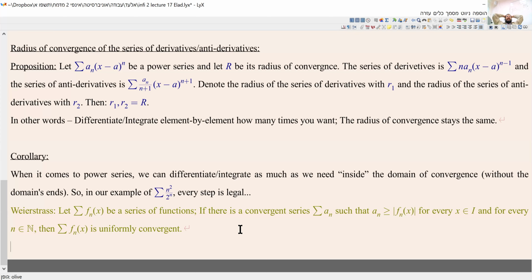Easier than your Infi 1, hopefully. Two reasons. First of all, you are grown-ups now. The first shock of academia is long behind you.